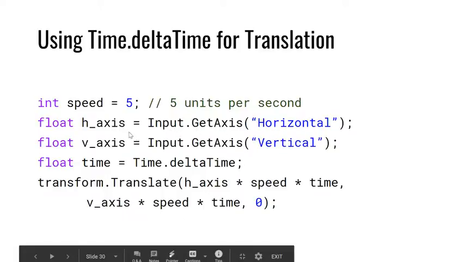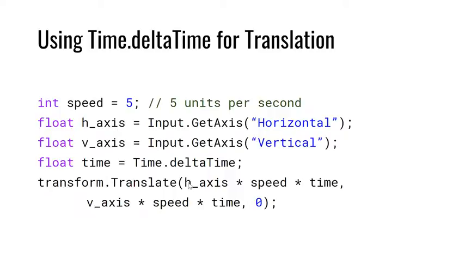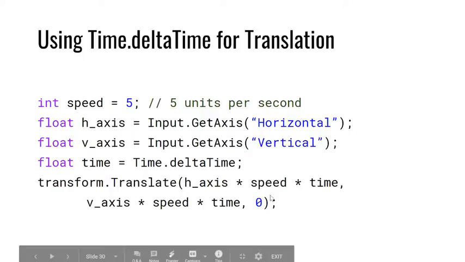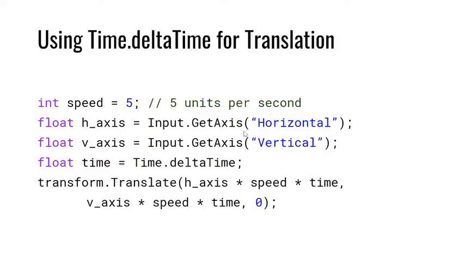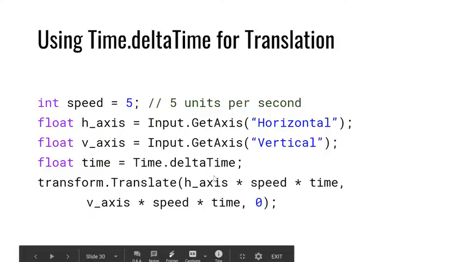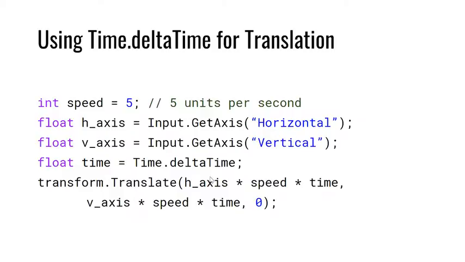You can actually store them inside variables and then use those. It's a lot easier to read this way. And if you want to use this value somewhere else, it's easier to just use h_axis rather than Input.GetAxis horizontal everywhere. Any questions? If you want to, you can just try it out right now.